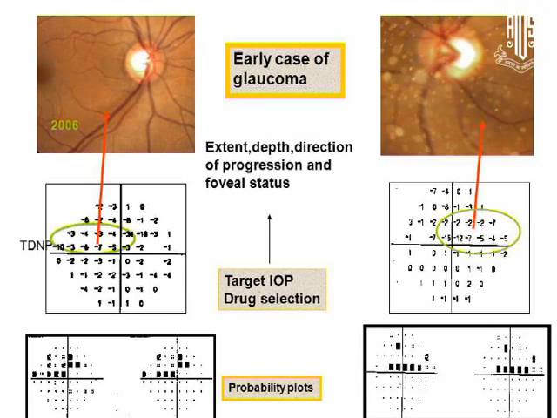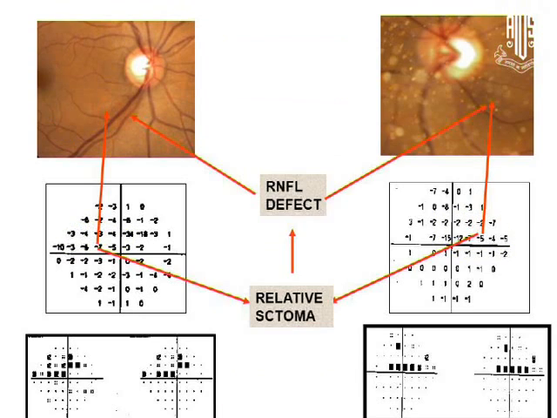The most important thing when you see it is that even if it is a relative scotoma, retinal sensitivity is not grossly decreased, -3, -4, -6, still it produced a nerve fiber bundle defect. So the most important thing is that a nerve fiber bundle defect does not indicate a complete loss of retinal sensitivity. Even a relative scotoma can produce a nerve fiber bundle defect.